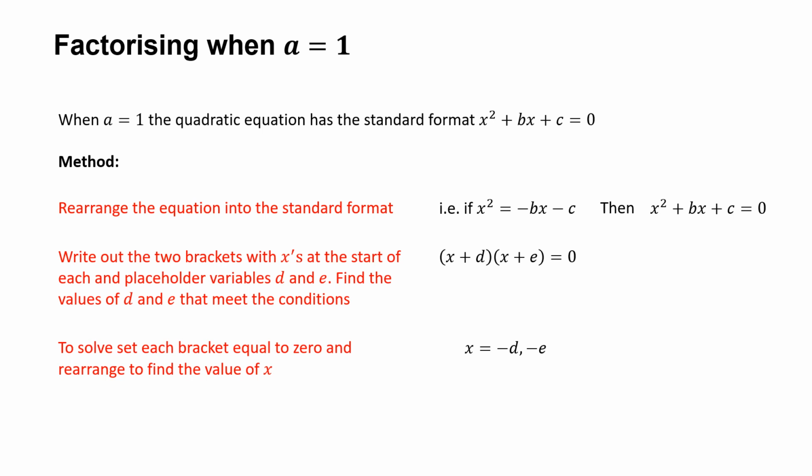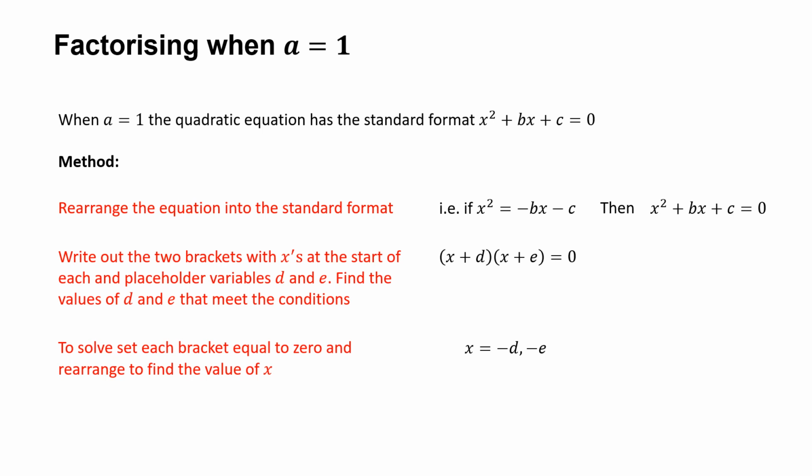Well, pretty simply, to satisfy this condition, we're going to need a value of x such that each bracket in turn equals 0. So in the case of the x plus d bracket, x is going to need to take on the value minus d. This is because minus d plus d is equal to 0, and therefore 0 times the x plus e bracket is 0.